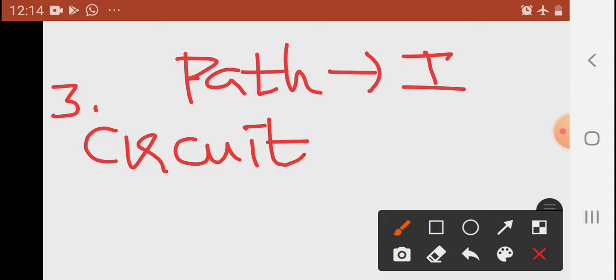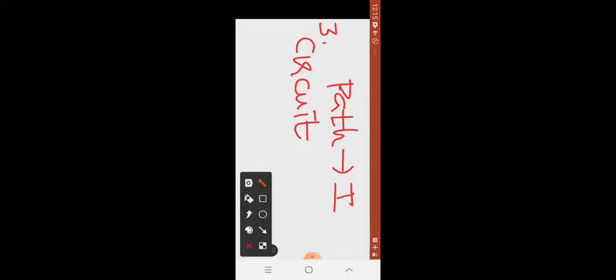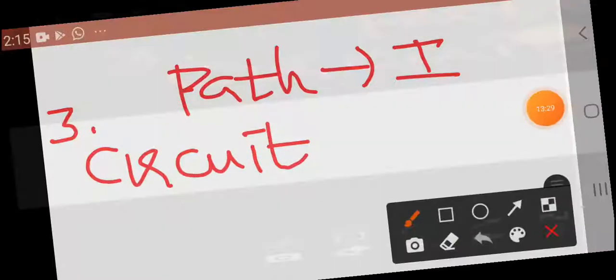This is also important in electrical appliances, that is the miniature circuit breaker, MCBs. Fourth one.